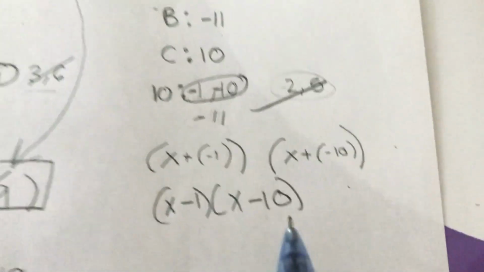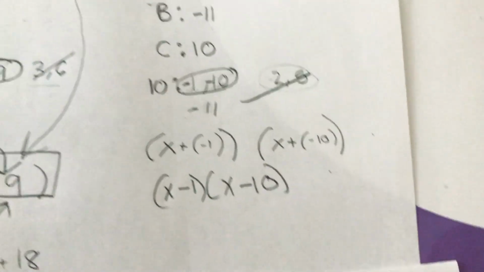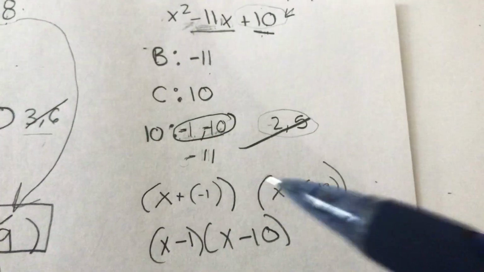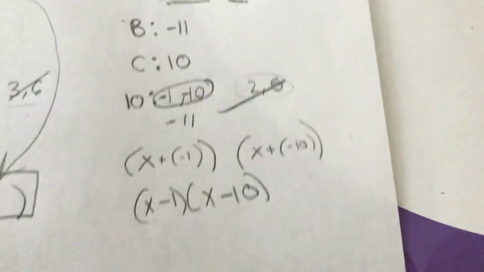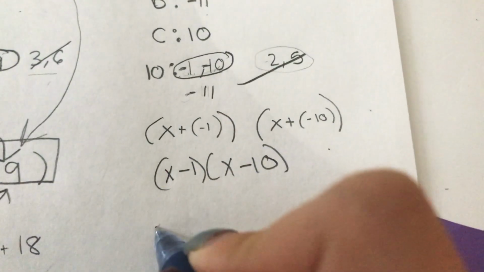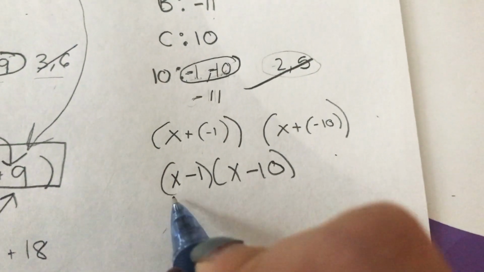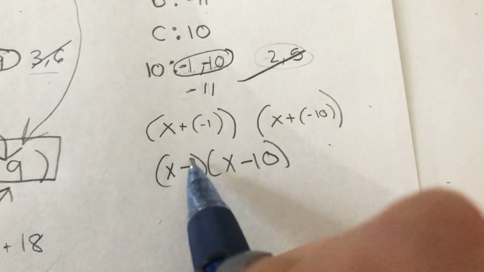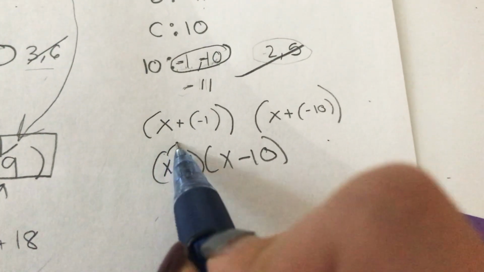My last step here is to check my work by using box method or distributive property and make sure that my factored form does match my standard form. So my first step is I'm actually going to use distributive property so that we can start getting the hang of that without box method.